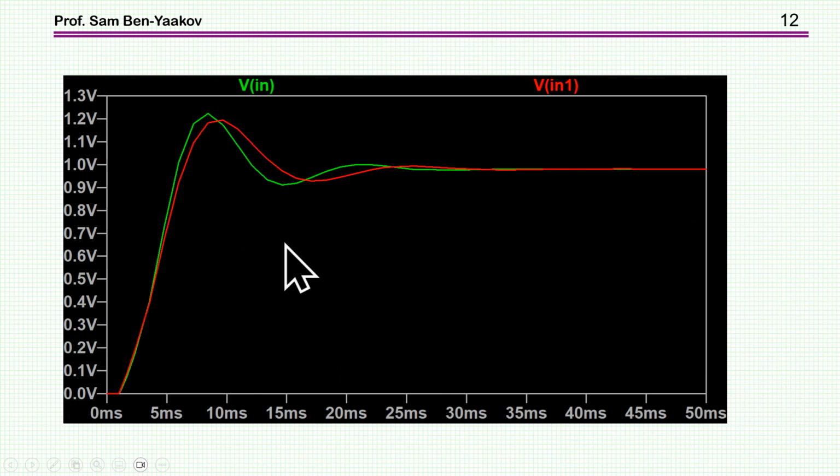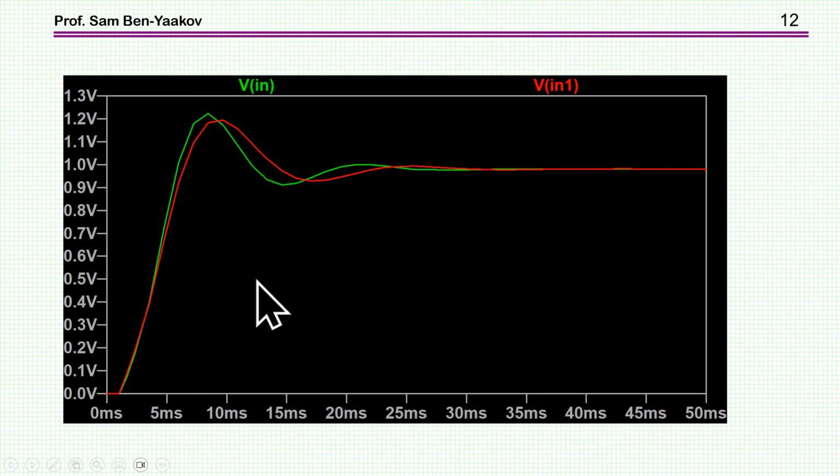And here it is, and we see that the response is just about the same. There's a small difference in frequency, and this is because the crossover frequencies are not exactly the same. Otherwise, the overshoot is just about the same, meaning that the dynamics of the system is just about the same, and therefore we can conclude that the gain margin does not make any difference in the dynamics of the system.